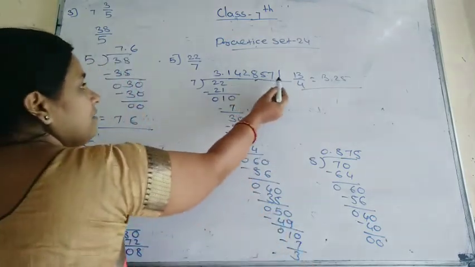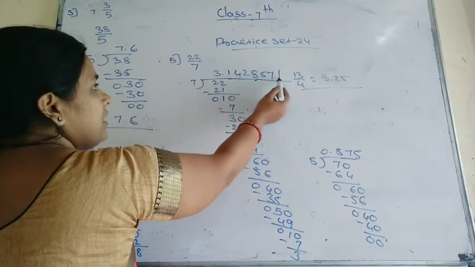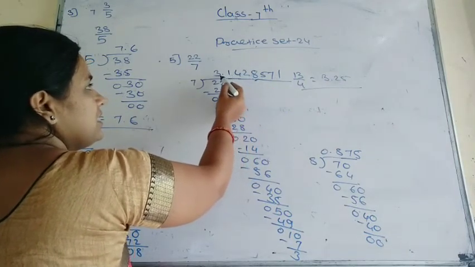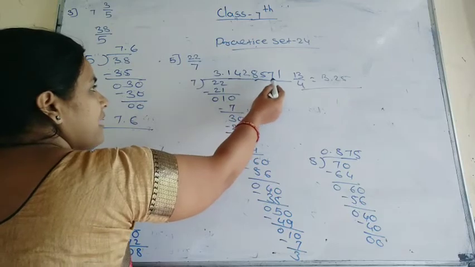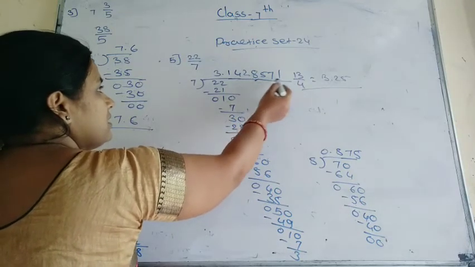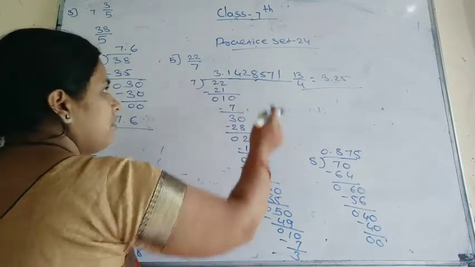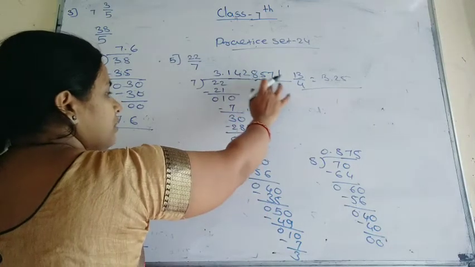See here, again this one digit of the decimals is repeated. Here the answer is 3.142857. Again it starts from this number 1. Therefore you write only 1.42857.